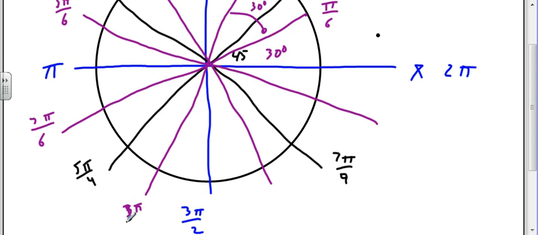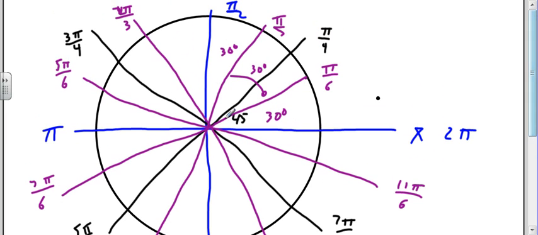No, this is 3 pi over 2. So that can't be 3 pi over 2. So it's 4 pi over 3. And this one over here is the 11 pi over 6 one. And then this one should probably be 5 pi over 3. All right. So I could do a circle like that and make all those come up.